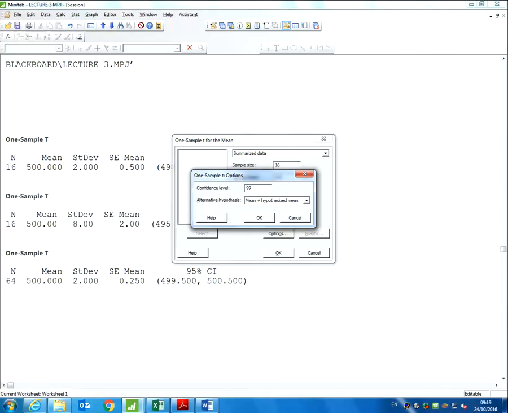That's better, isn't it? At 95%, there's a 5% chance you're wrong. At 99%, there's a 1% chance you're wrong. What will happen to the confidence interval? Who thinks it will get wider, less precise? Some of you. Who thinks it will get narrower, more precise? Some of you. So a bit of a disagreement this time.